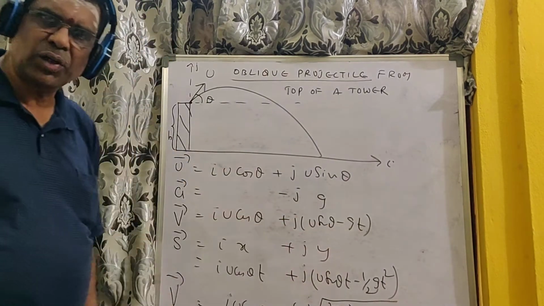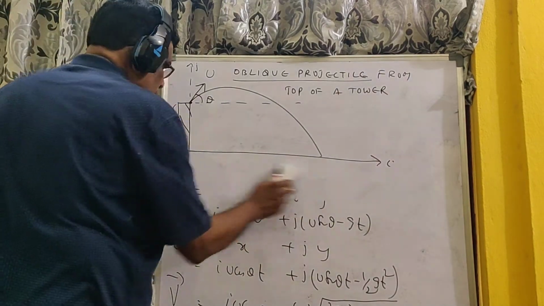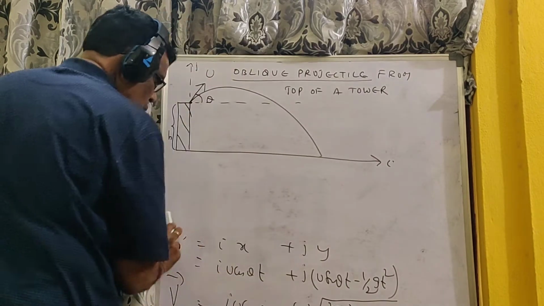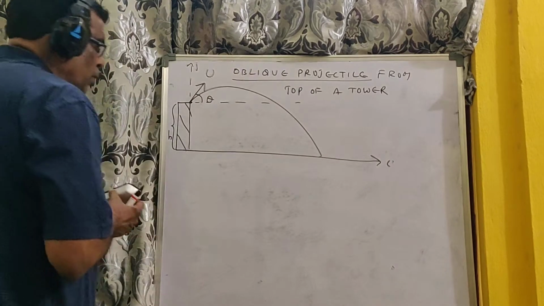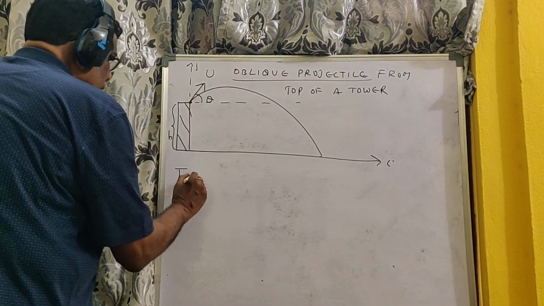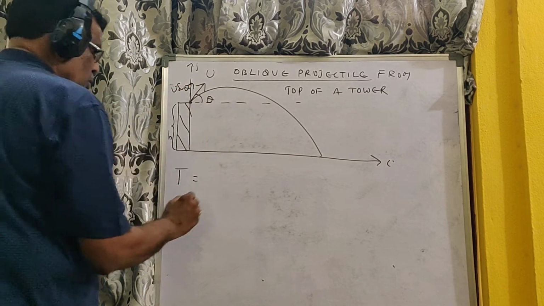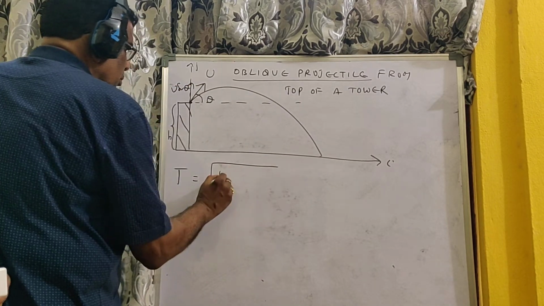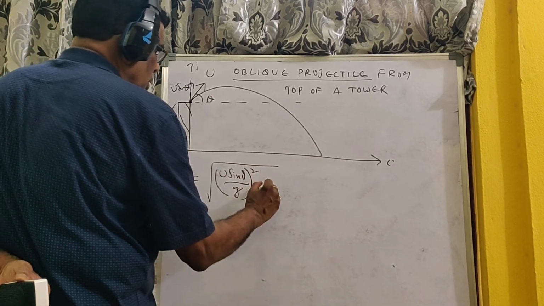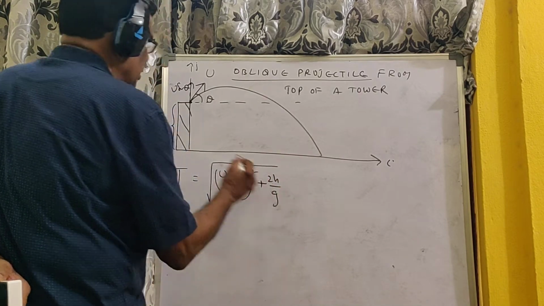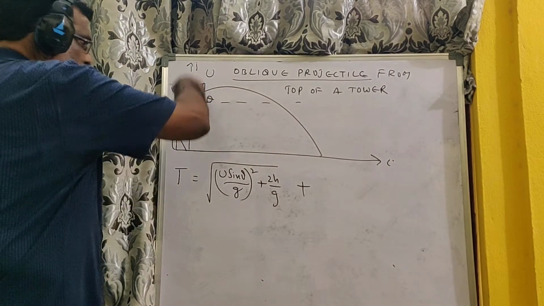So it is again a quadratic equation, and once you substitute, you get the expression for time of flight. Without all this, what is the initial vertical component? U sin theta. So, it is velocity by acceleration, whole squared, plus 2h by g. It is upward, therefore plus. U sin theta and g are opposite.